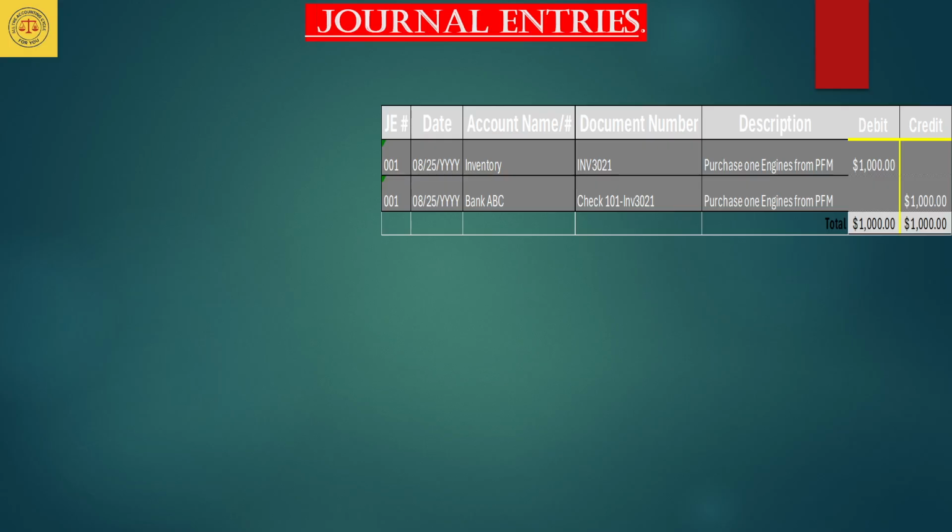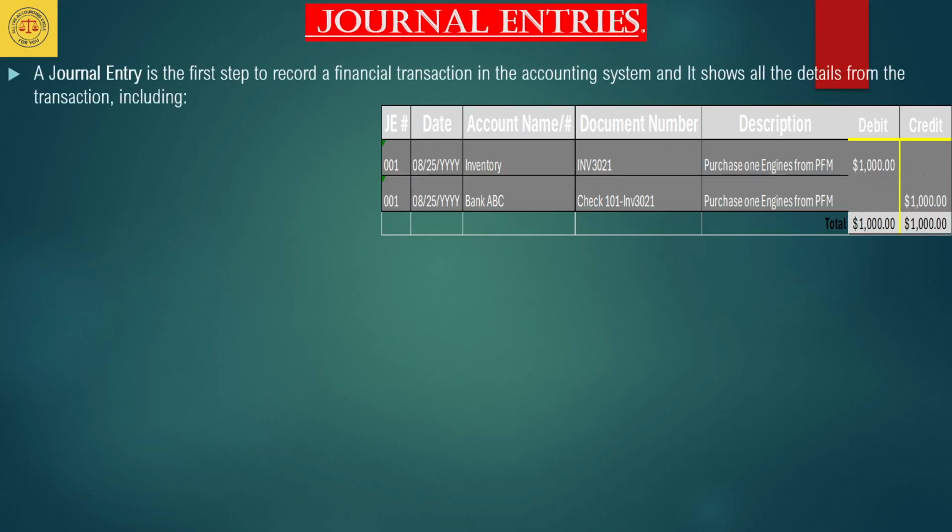Let's go to journal entries. A journal entry is the first step to record a financial transaction in the accounting system, and it shows all the details from the transaction.